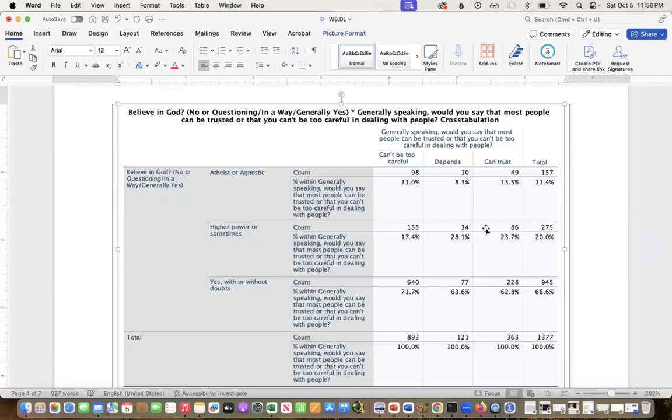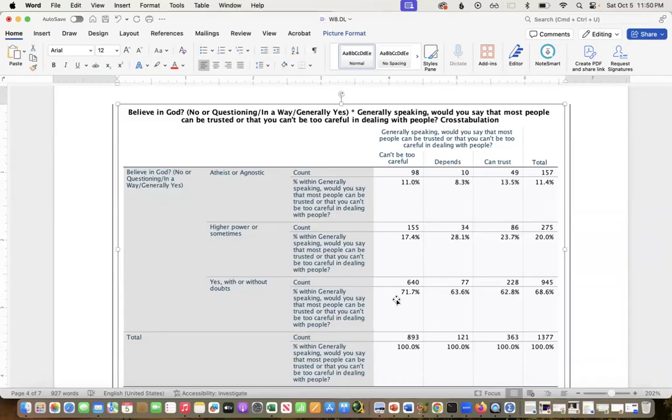And also, if we compare these two, we can see that the people who are least trusting of people are over 6% less likely than the people who say you can trust to believe in a higher power sometimes. And then these are a little different, but less than 5% different, with the people who are trusting a little bit less likely to believe in a higher power sometimes compared to depends.